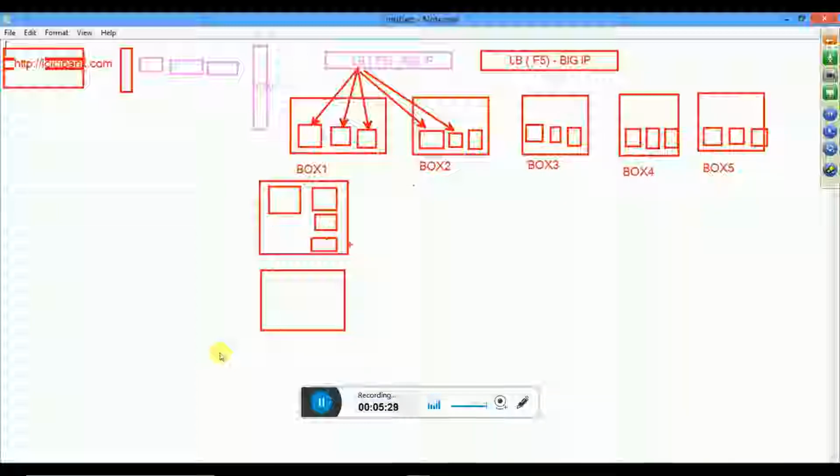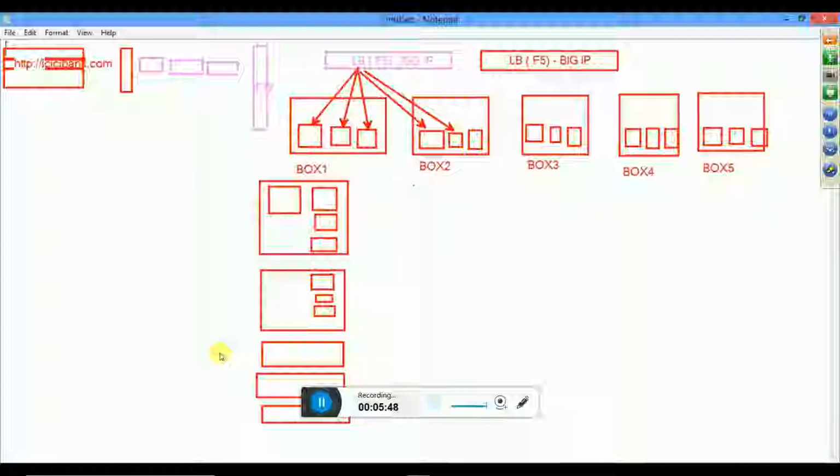Now say you have 15 managed servers in a domain. For 15 managed servers, how many boxes are you going to require? 3 each, so you will require 5 such boxes. So this is box 3, box 4, box 5.